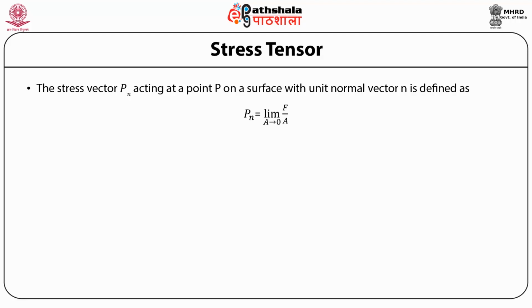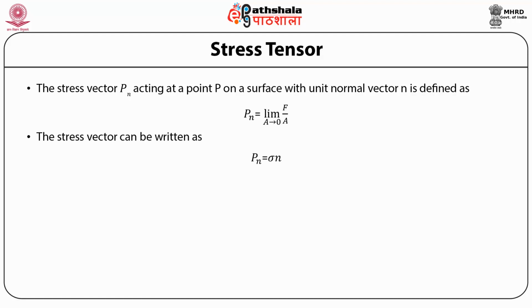The stress vector Pn acting at a point P on a surface with unit normal vector n is defined as Pn equal to the limit as A tends to 0 of F by A, where F is the force and A is the area of the surface.